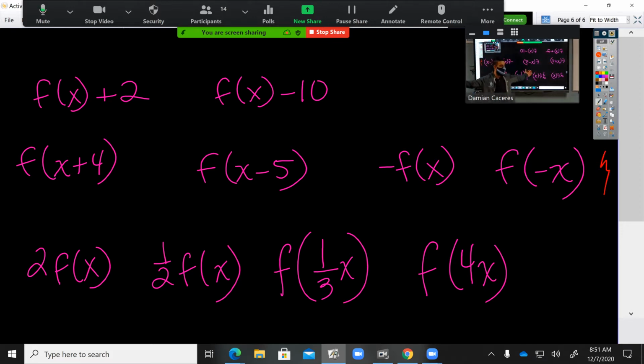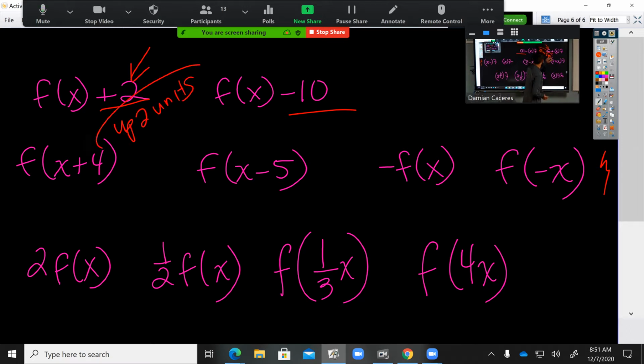Alright, here are a couple examples we can practice. So, if the number is not in the parentheses, you know it's going to be vertical. Vertical moves in what two directions? Up and down. So this one here would be up 2 units. Done. This one here would be down 10.